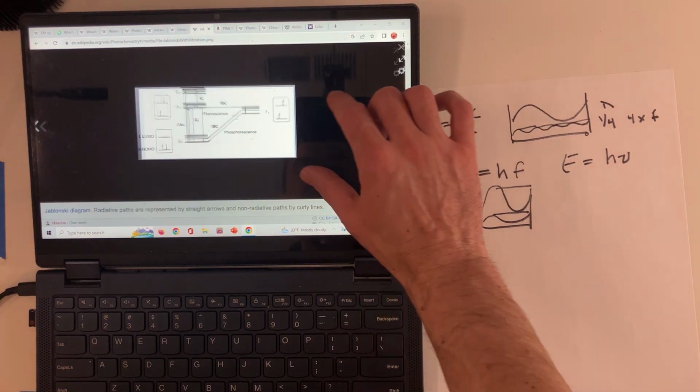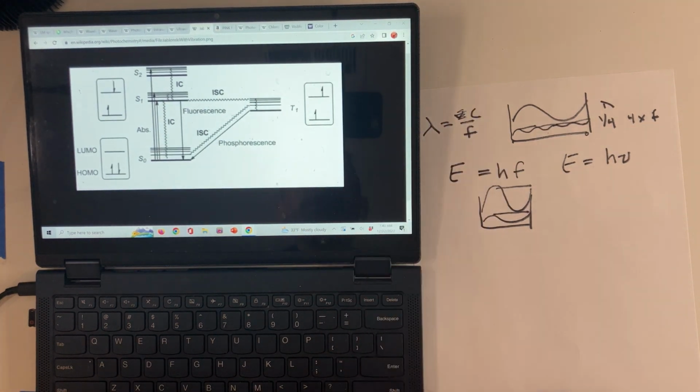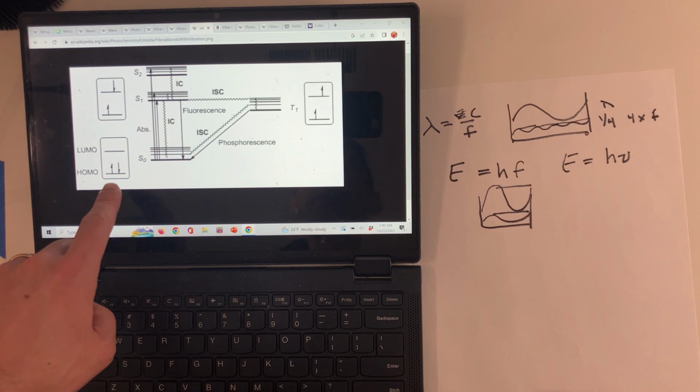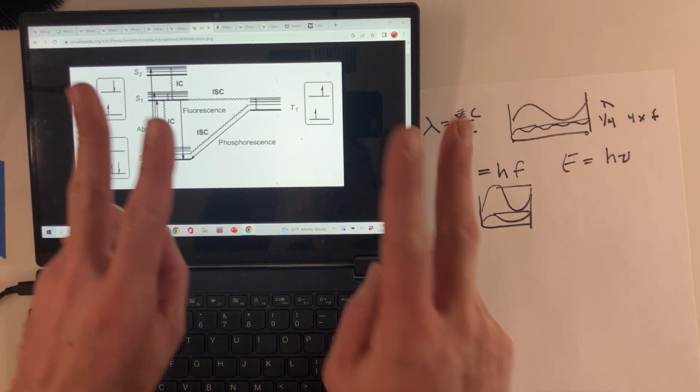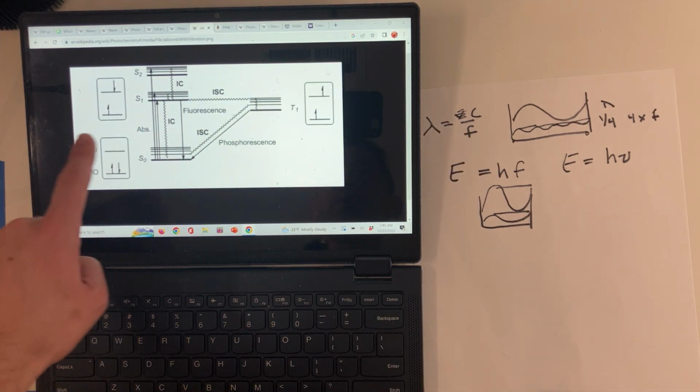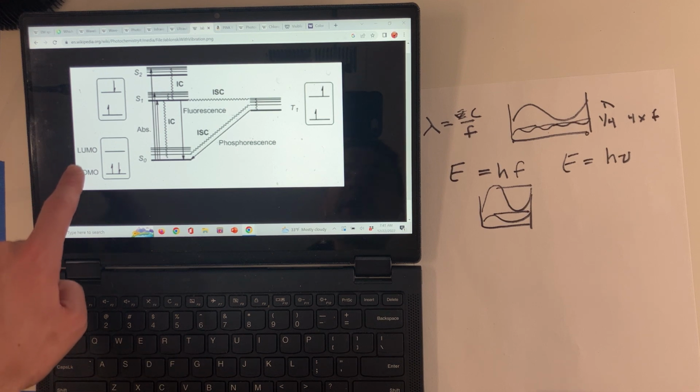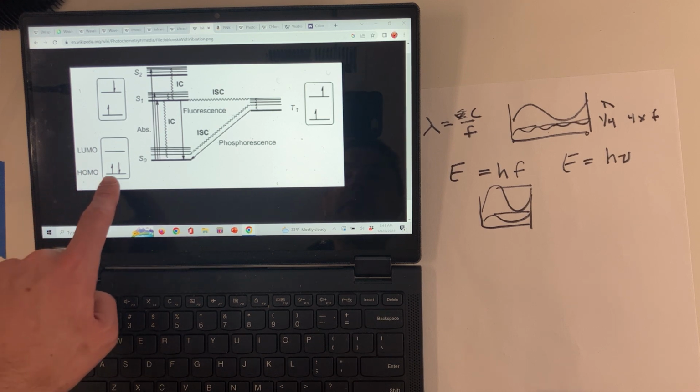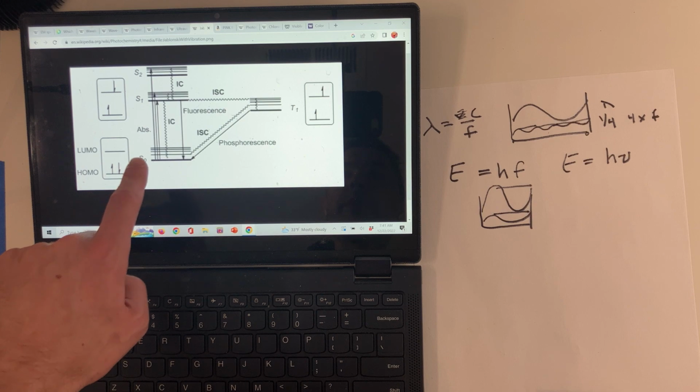And this, while confusing, I think does have a lot of the core basics of what photochemistry is. And so this is going to be our, quote, initial starting point. That's where the molecule wants to sit. These descriptors, HOMO and LUMO, are the highest occupied molecular orbital and the lowest unoccupied molecular orbital.